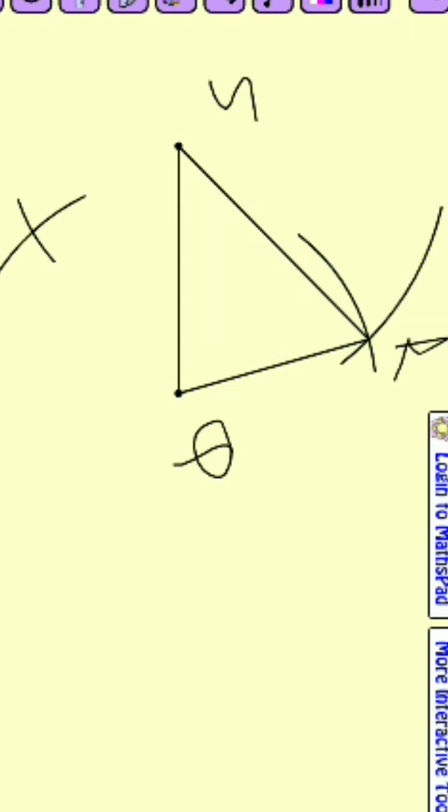Let's join the points. This is our point P.